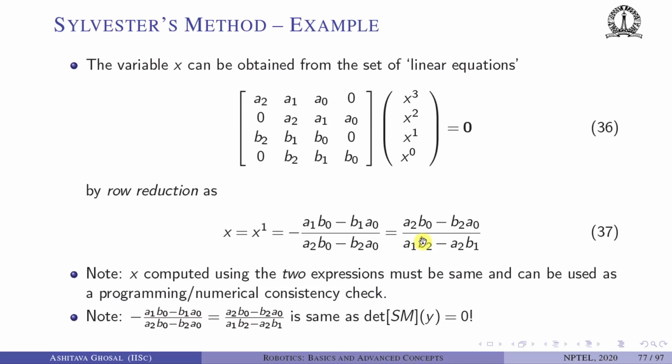So we are not getting any new information or inconsistent information. We get x in two ways, both must be the same, and we also show that these two terms must be related by the determinant of Sm y equal to 0. Okay, so what have we done? We have got a single equation in y and we also have solved for x.